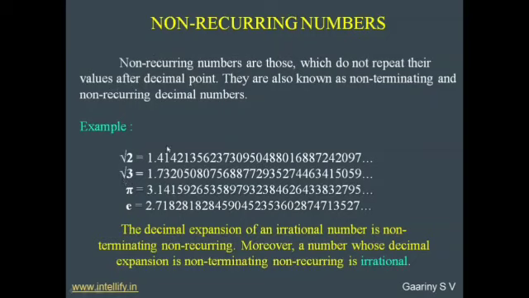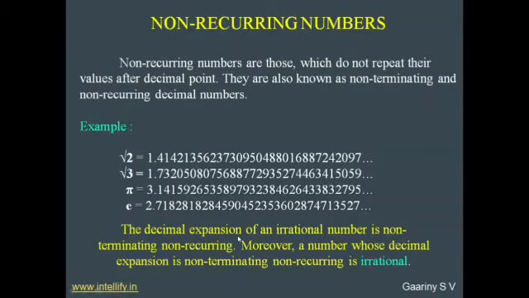In all these examples, you could see that the number never ends after the decimal point. So we can simply say that it is non-terminating. And you just look at the numbers and see whether any digit is repeated. No, isn't it? So it is non-recurring. So we can say that these are some of the examples of non-terminating and non-recurring decimal numbers.